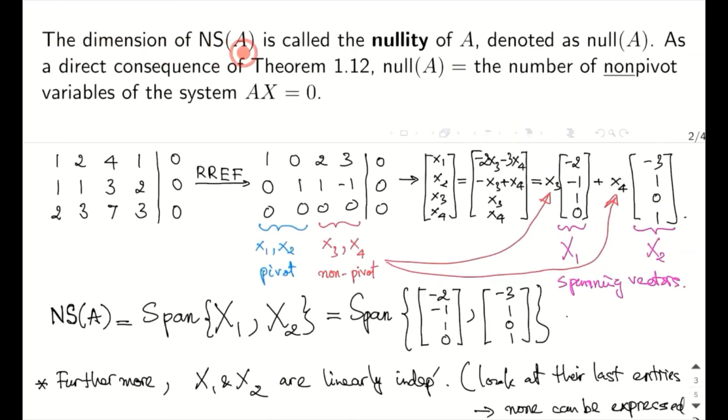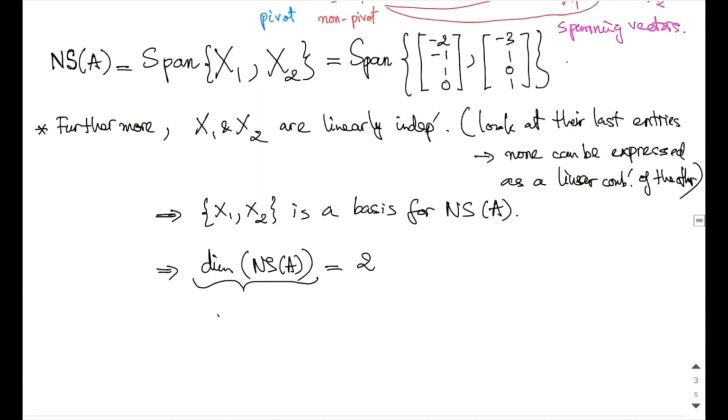The dimension of the null space of A is called the nullity of A, denoted as null A. Right, so we can write this as null A. The nullity of A is 2.